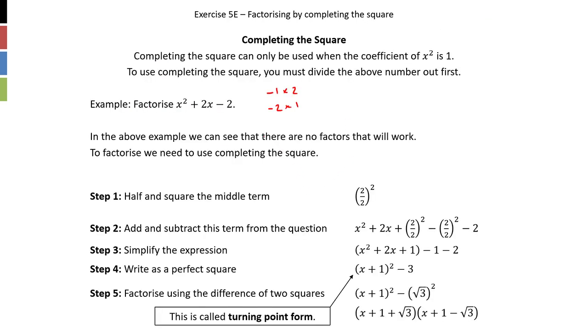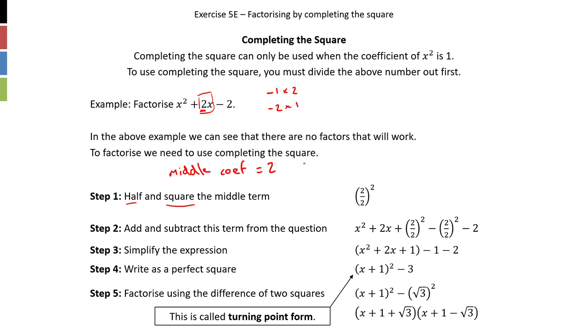So what we do first is we look at the middle term. The middle term is going to crop up a couple of times here. We're going to halve it and then square it. We're going to look at the coefficient more so, not the whole term, it's the coefficient in the middle term. So the middle coefficient in this case is equal to 2.